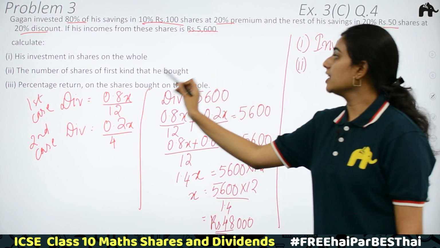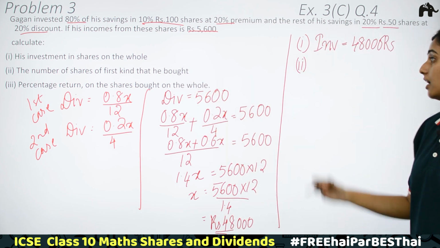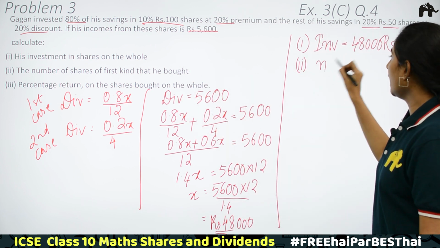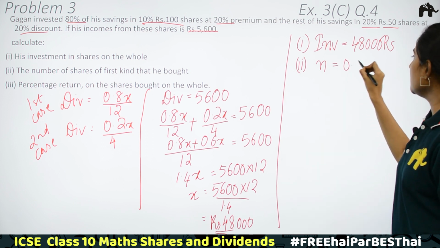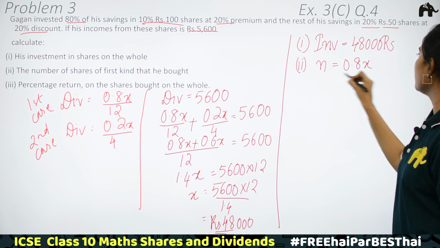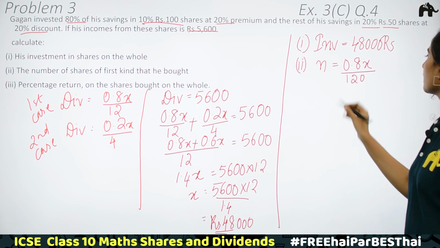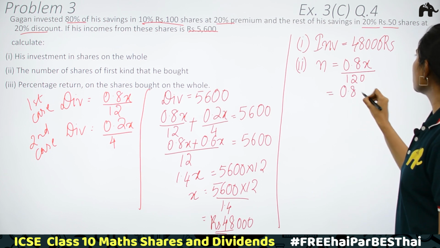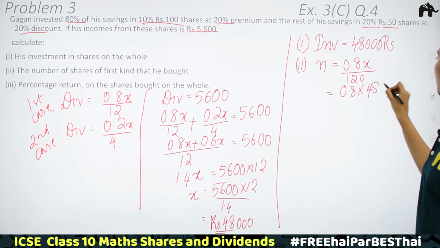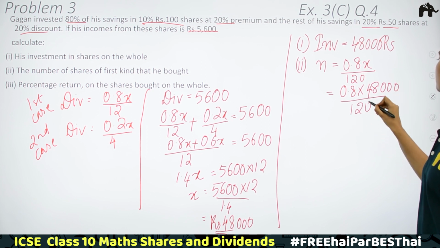Now the second part. The number of shares of the first kind that he bought. Number of shares N was equal to 0.8x divided by 120, which is equal to 0.8 into 48,000 divided by 120.